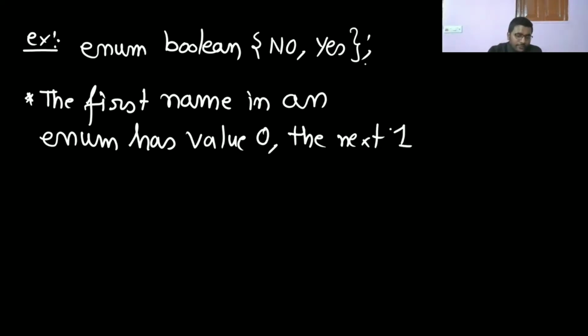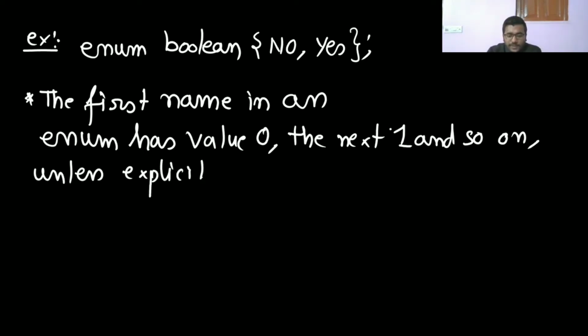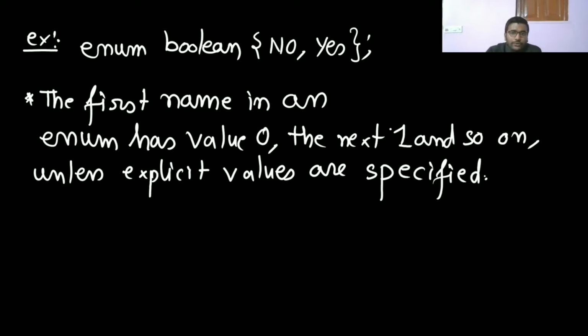If you have another value, then it will have 2, and so on, unless explicit values are specified. So you need to say explicitly what its value is.